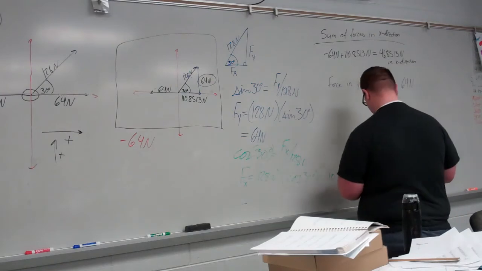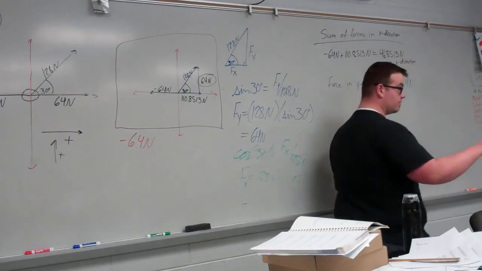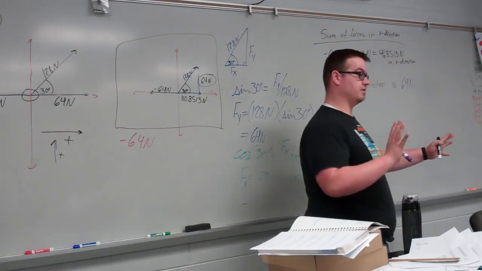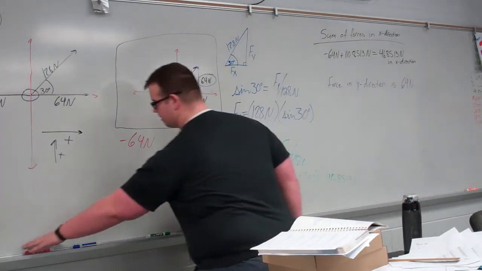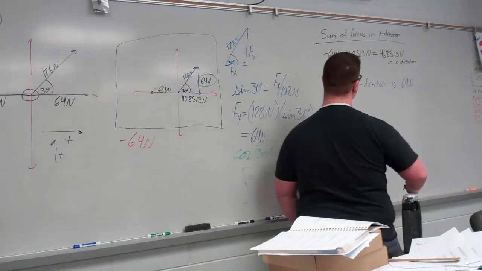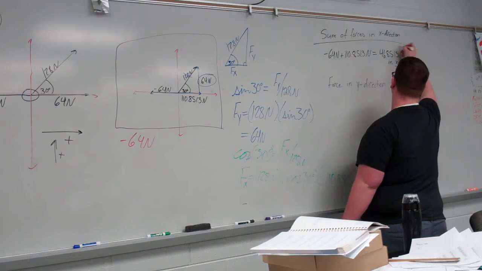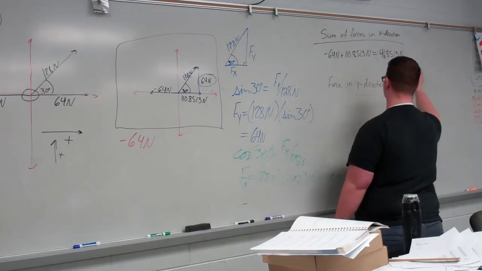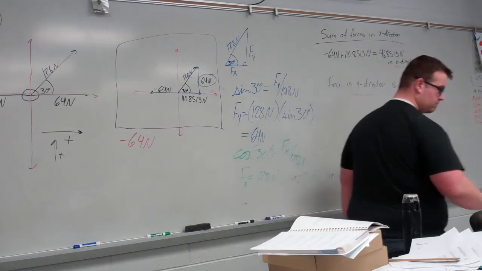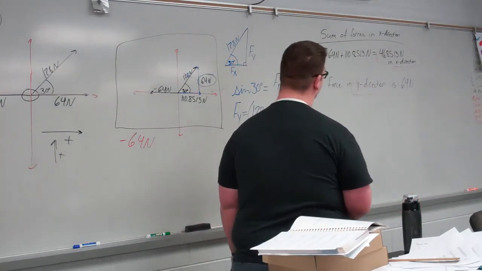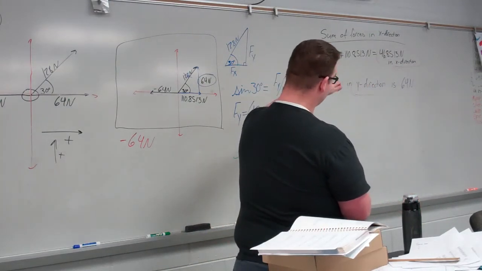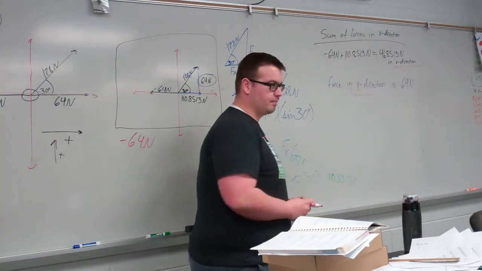Do we add them together now? We do not, because they're in opposite directions. That's where this comes in. This is in the x direction, this is in the y direction. Guess what we got?